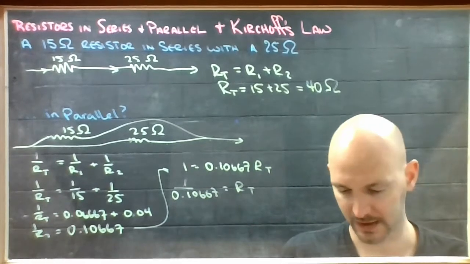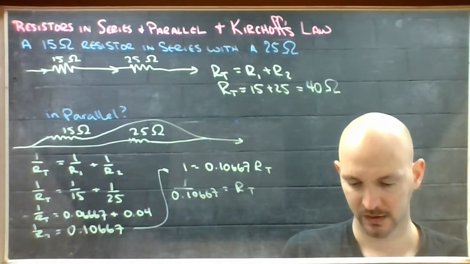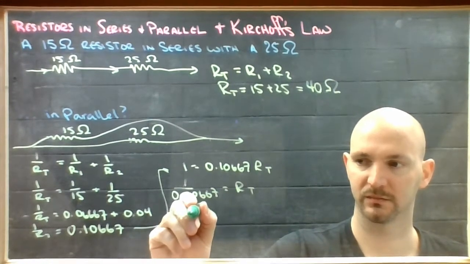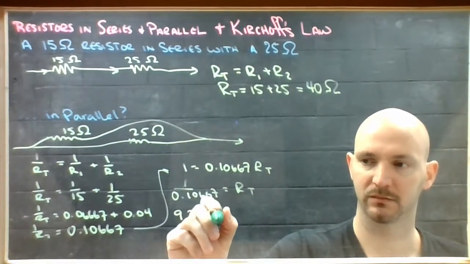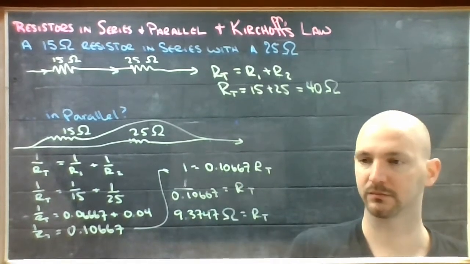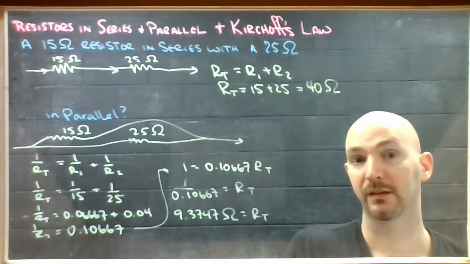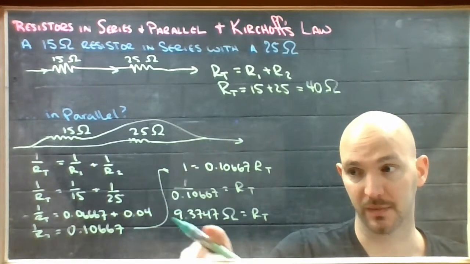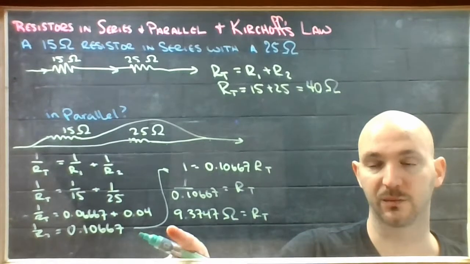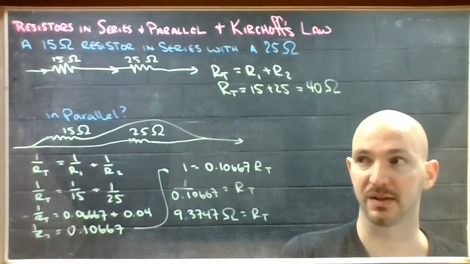And 1 divided by that number is 9.3747. So if I add them up in parallel, then this structure only resists the battery with this much resistance, 9.3747.